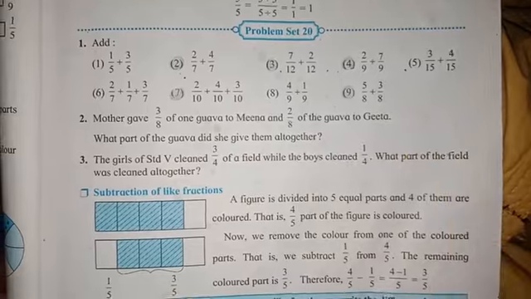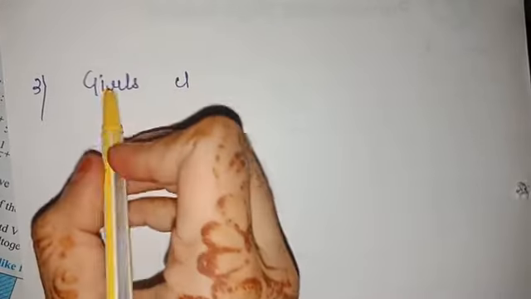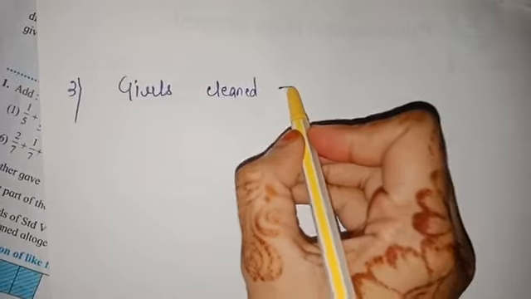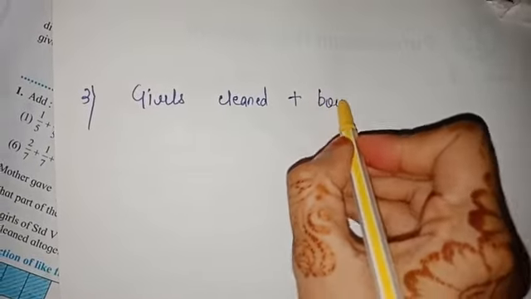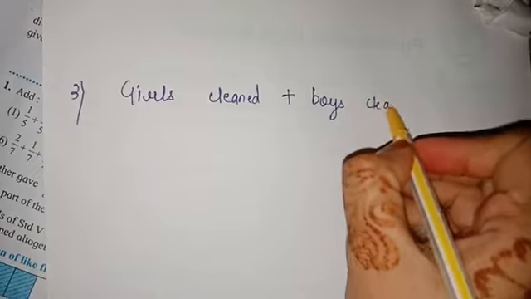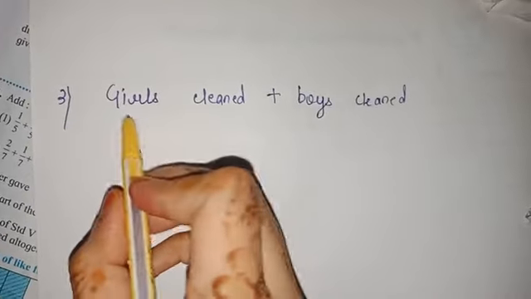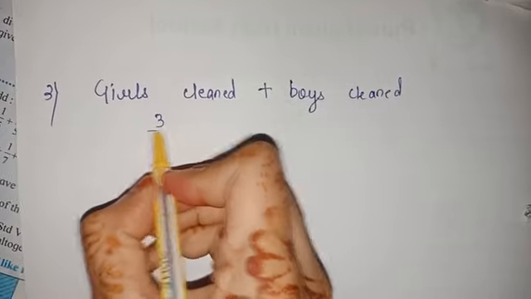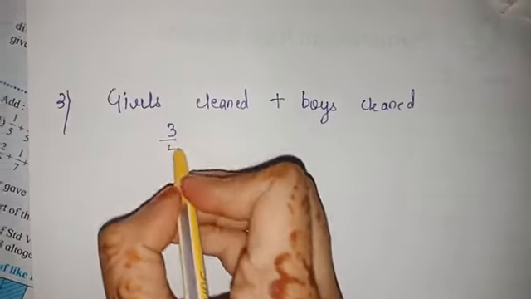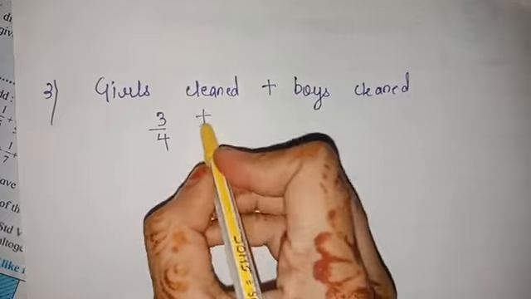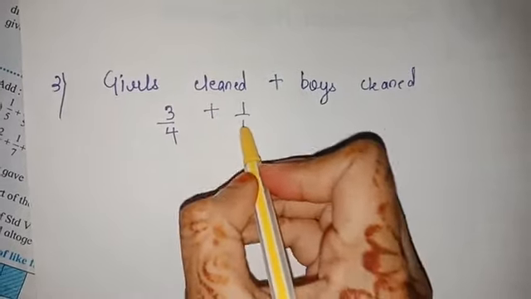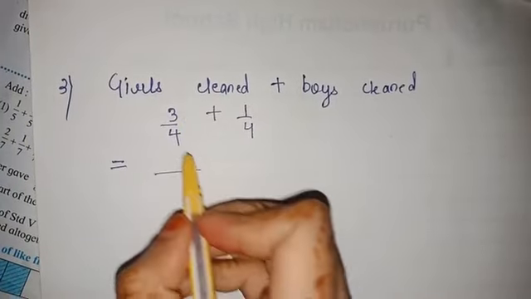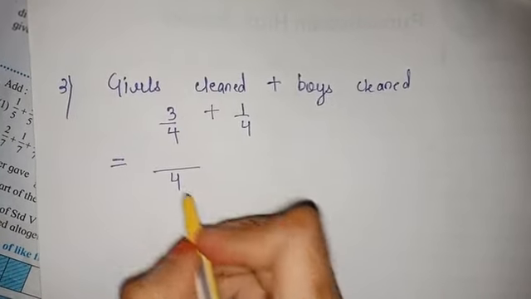So girls cleaned plus boys cleaned. How much part did the girls clean? 3/4 plus, and boys 1/4. Add them. We will not add the denominator, we will write it as it is, 4.